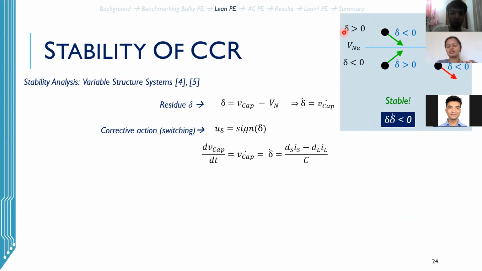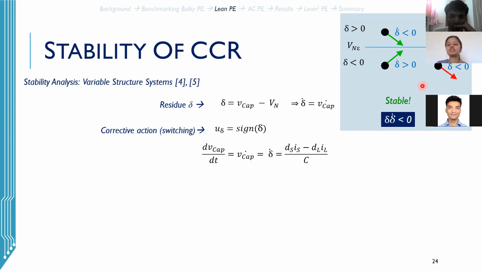So delta is defined as the residue. We know that if delta times delta dot is less than 0, the overall system, when disturbed, is going to converge to its equilibrium value. On the other hand, if delta times delta dot is greater than 0, we are going to have an unstable operation.